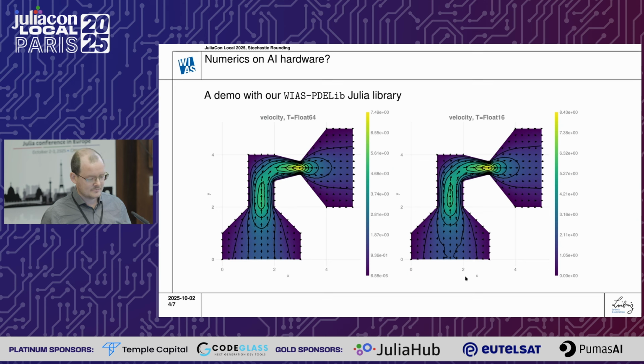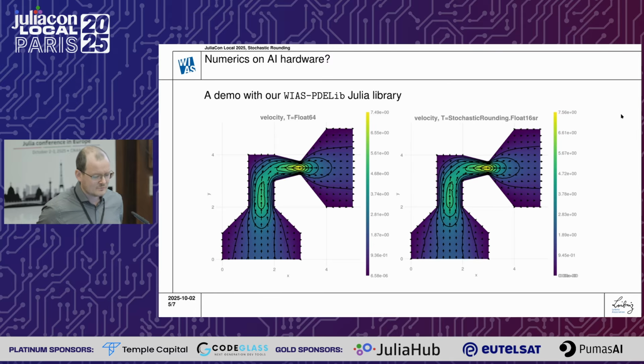You see some perturbations here on the bottom, but it looks the same. But if you look at the scale, I hope you can see it, it's an 8 here and a 7 here. So the result is completely wrong. It just looks right. So we cannot do numerics in half precision. That's why we use double precision in numerics usually.